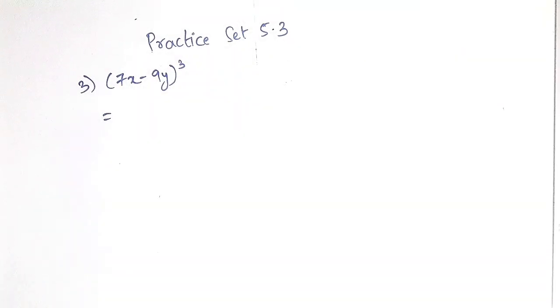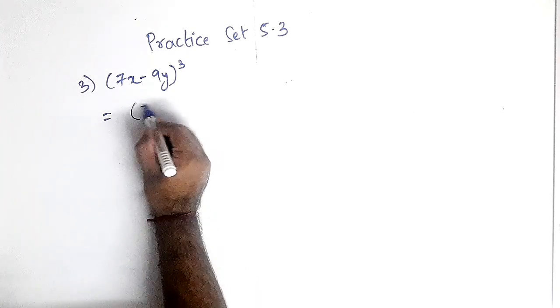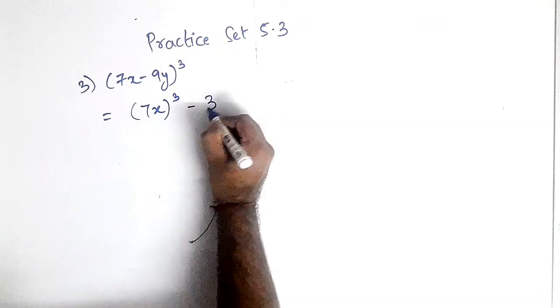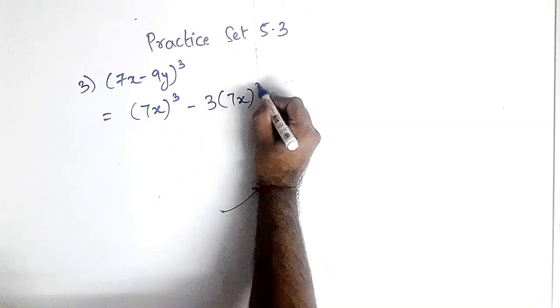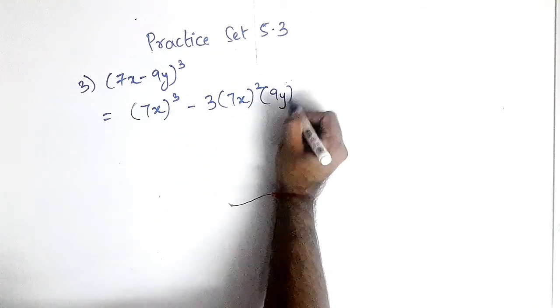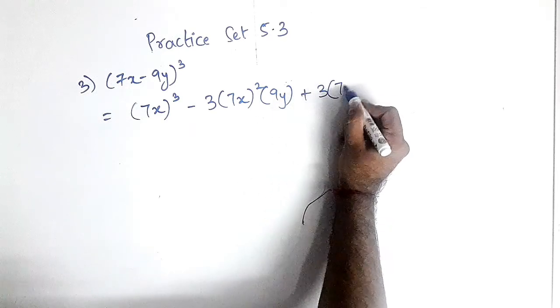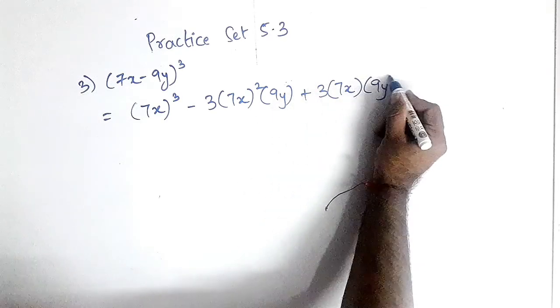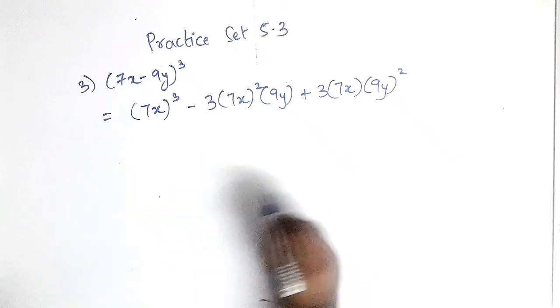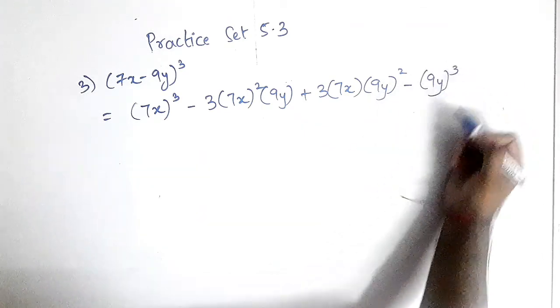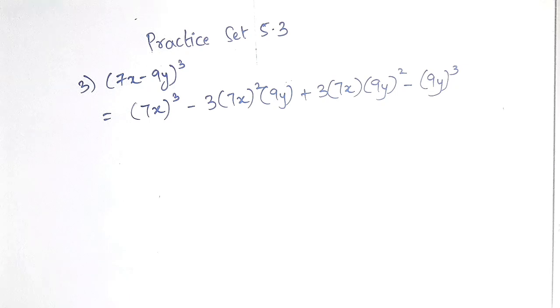So the third one is 7x minus 9y the whole cube. So it is a cube minus 3a square b, correct, plus 3a b square, correct, minus b cube.